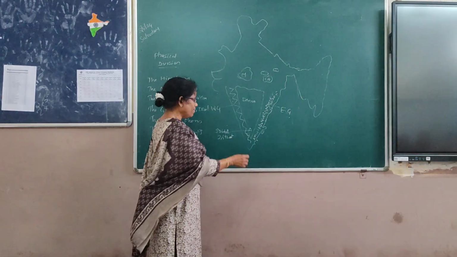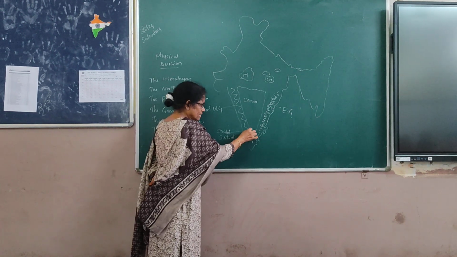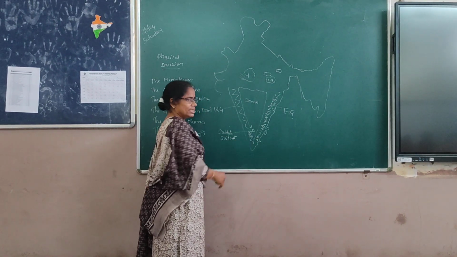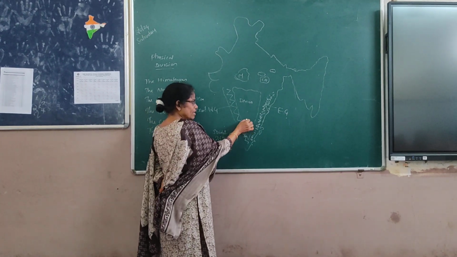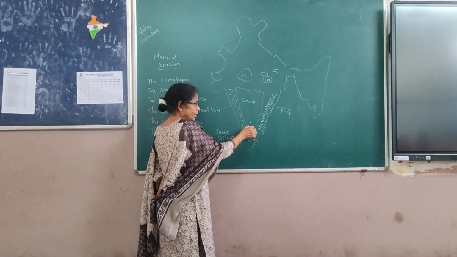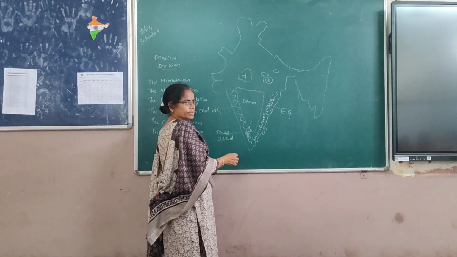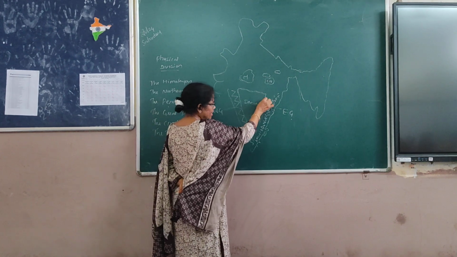There are also the Palani Hills, the Cardamom Hills in Kerala, and many hill stations. In the Western Ghats, Ooty is a famous hill station, and also Kodaikanal.